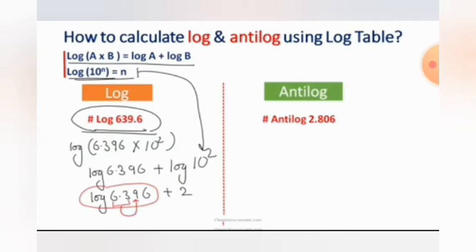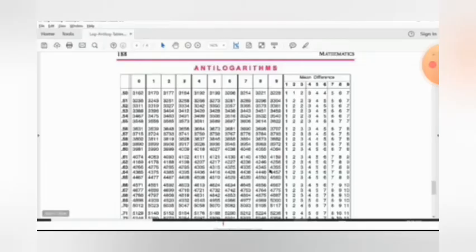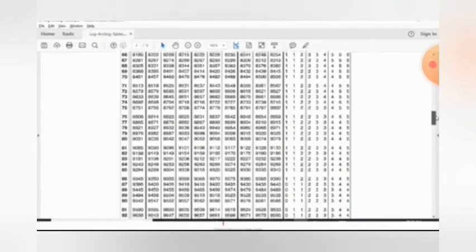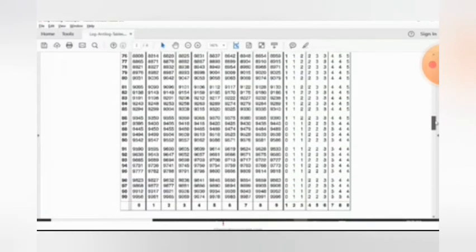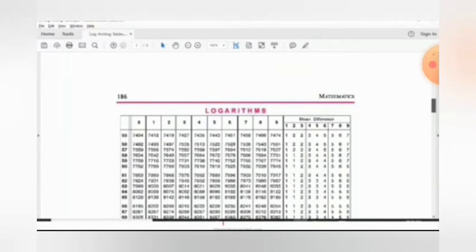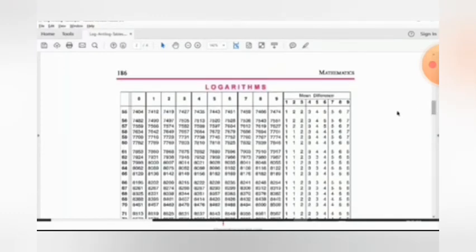Here, take the first two digits, that is 63. Take 63 from the logarithm column, move across 63, and take the value corresponding to the next number from the column.